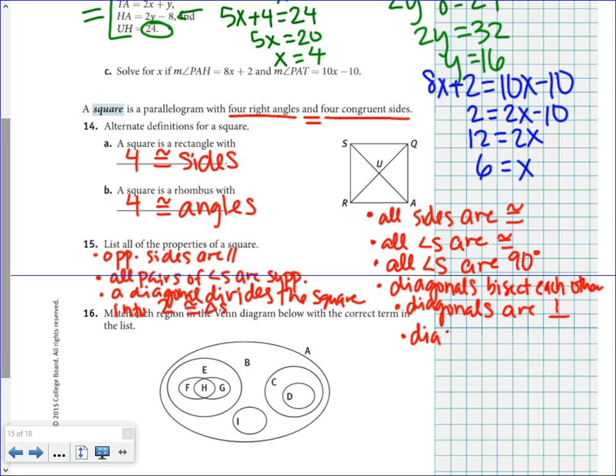Also, the diagonals are congruent. And the diagonals bisect opposite angles. So those are your properties for a square. It's a rhombus and a rectangle put together.